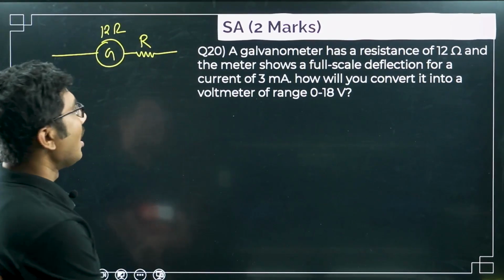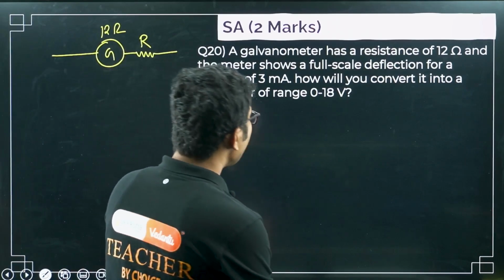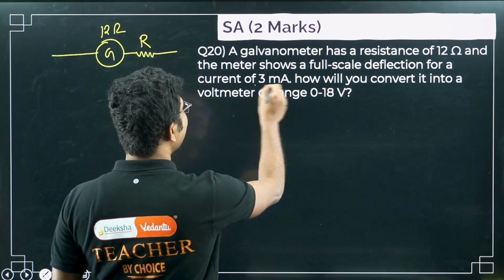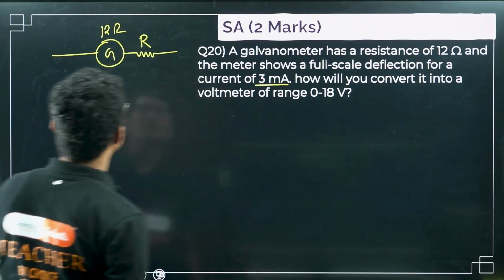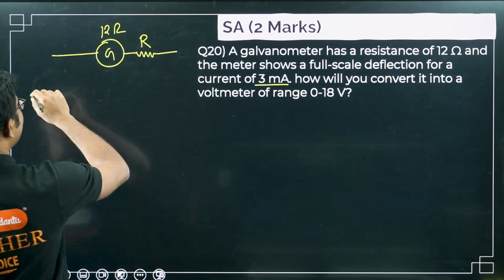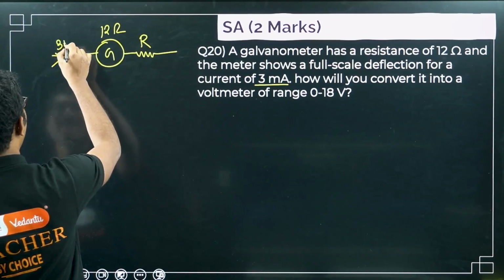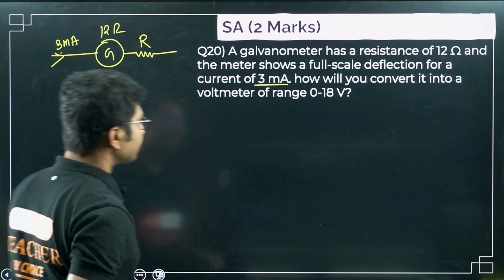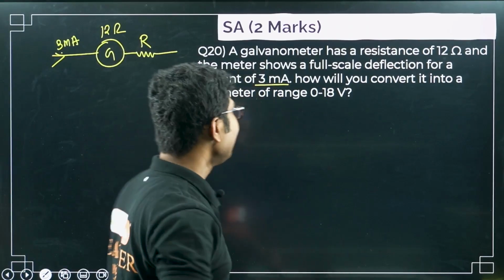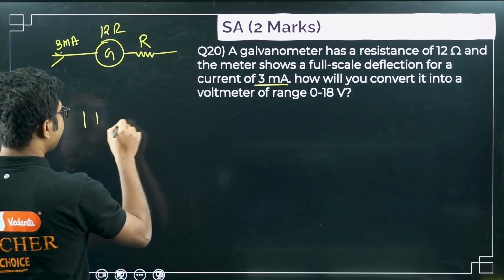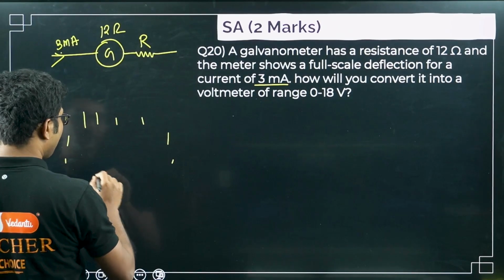Now you want a full scale deflection for a current of 3 milliampere. Full scale deflection means the galvanometer has some scaling, you have seen the galvanometer, right?